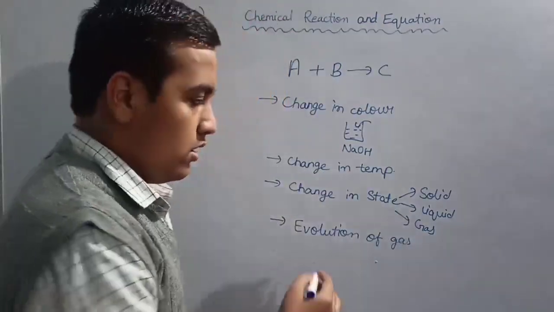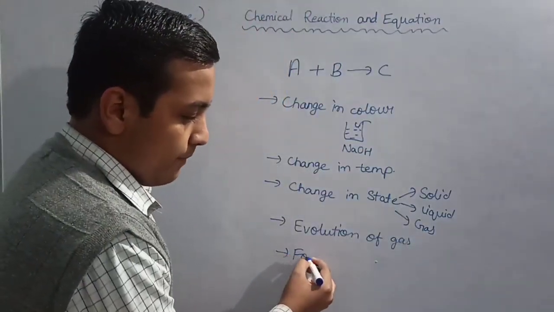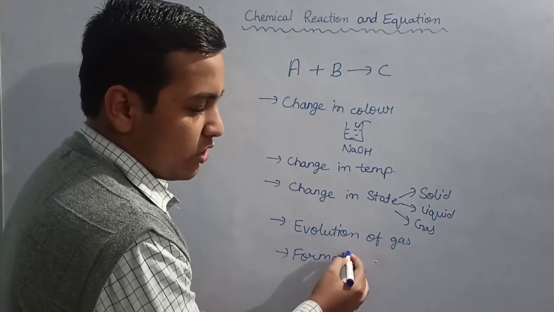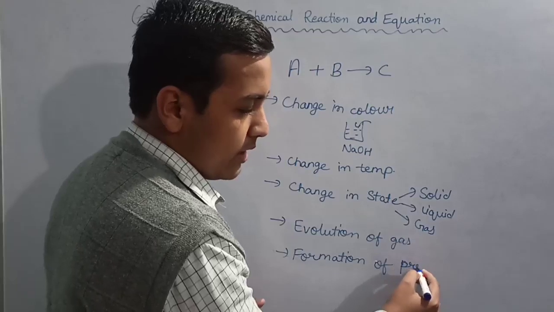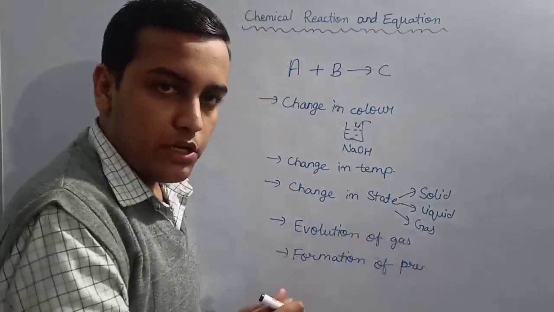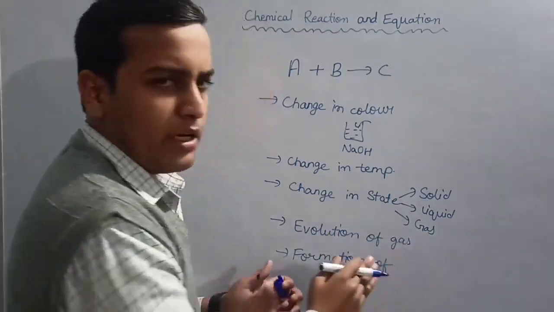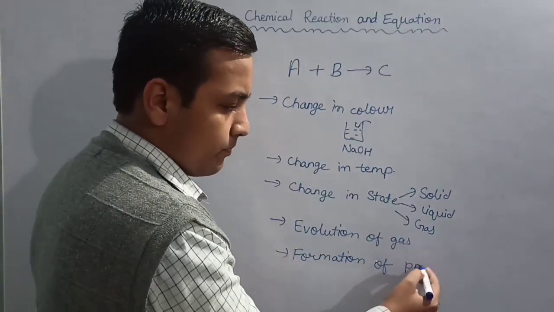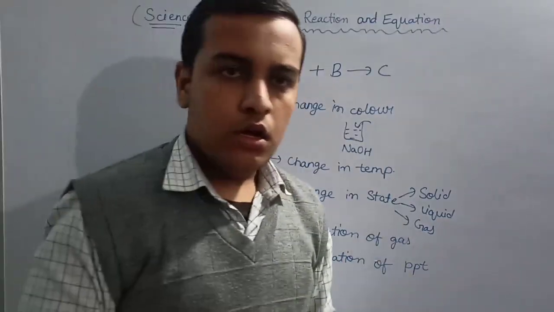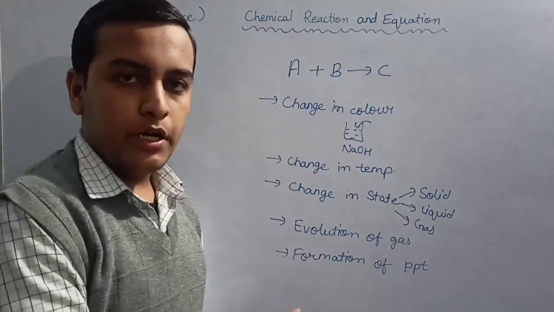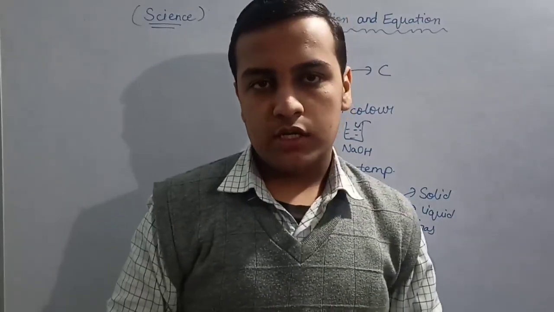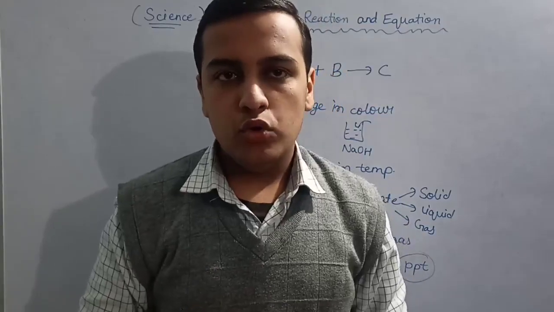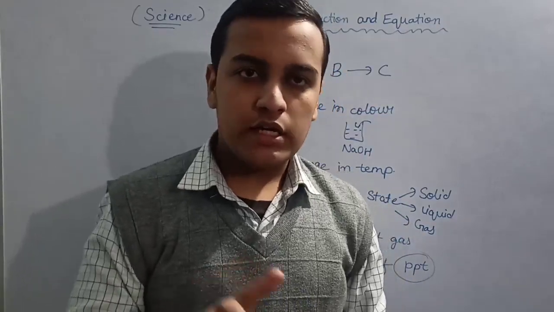Now another is formation of precipitate. Formation of precipitate is not given or written in your book, but it is a part of chemical reaction. Precipitate, or you can say PPT. What is a precipitate? A precipitate is basically a substance which does not dissolve in a liquid but settles down.